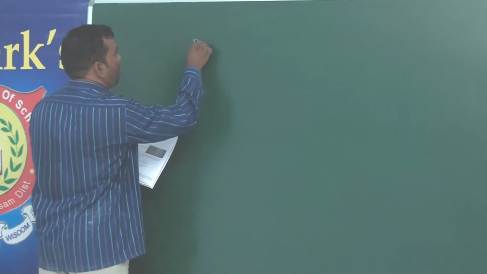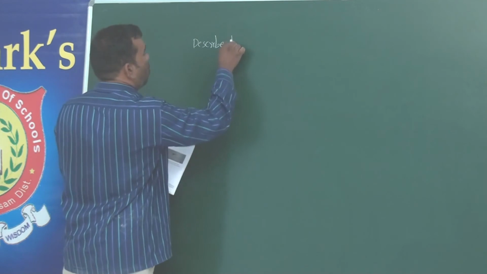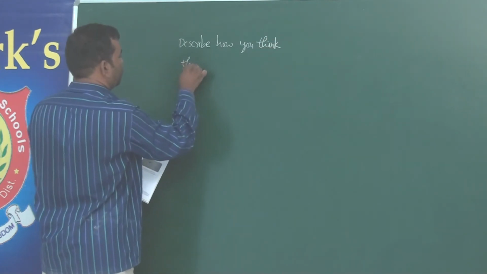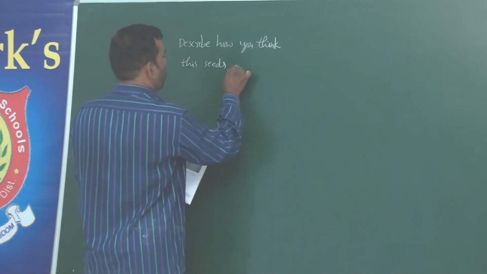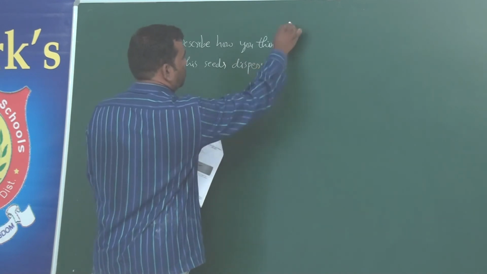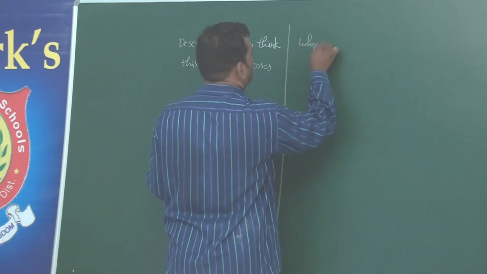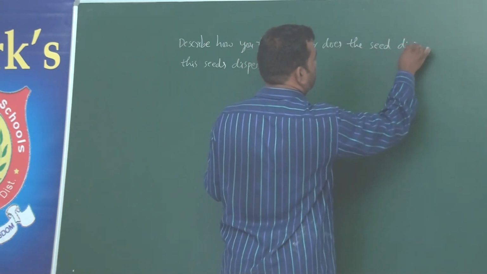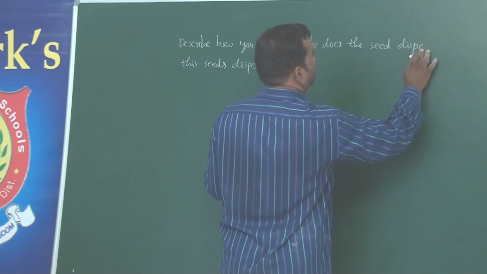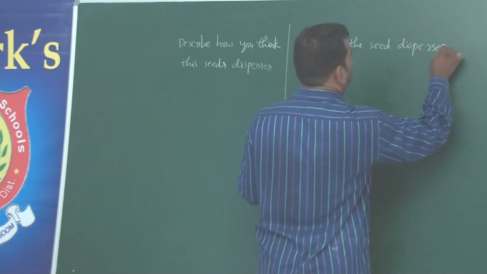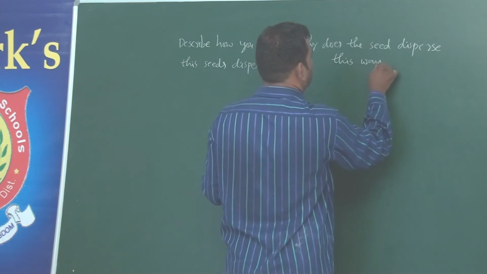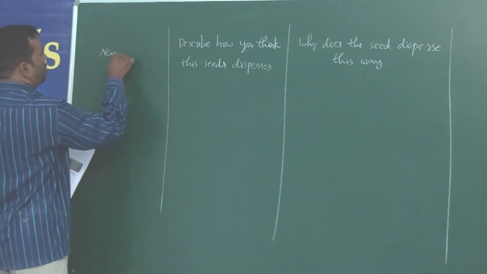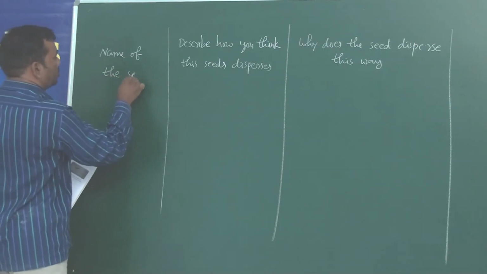So here it is given, describe how you think this is dispersed, and why does the seed disperse this way. Name of the seed.